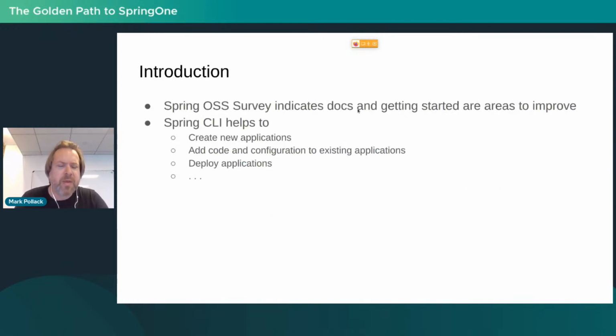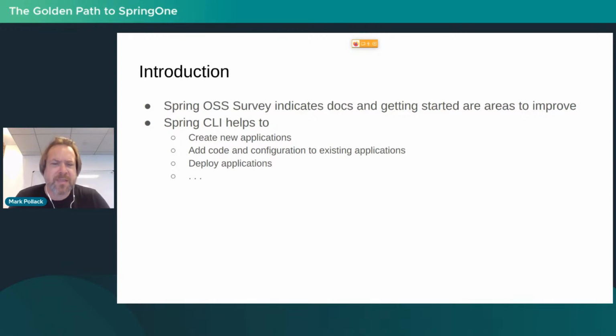Part of the motivation for creating this new project, which is now living in the experimental repo, so it's in the middle of incubation, is the surveys that we take every year to find out from our community what we're doing well, what we're doing poorly, where we can have improvements.